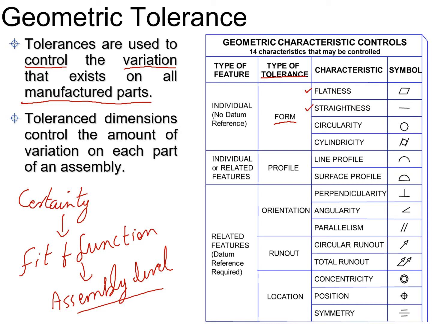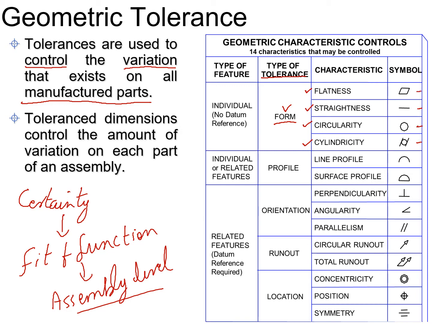We would like to see an edge or a circular feature, how straight it is. Then the other is the circularity. We would like to see a circular part, how circular it is. We would like to see the cylindricity, that is related to how cylindrical a part is. So these types of tolerances are related to the form tolerances, and you can also see their symbols.